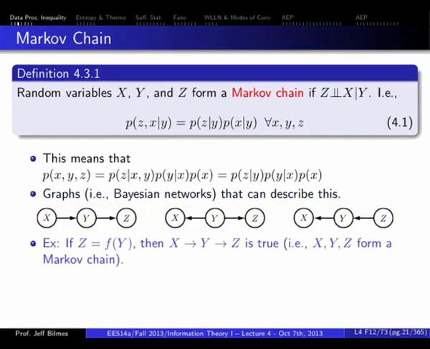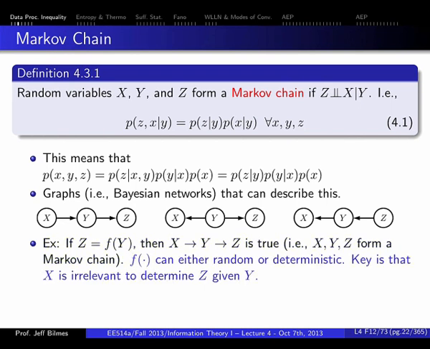They're all Markov chains. And a couple of other instances of a Markov chain is, let's say that Z is some function of Y. So let's say this is true and Z is a function of Y, then this actually forms a Markov chain. Why? Because Z is a function of Y and it's not a function of X as well as Y. In other words, if you know only Y, then you get Z. It doesn't matter.